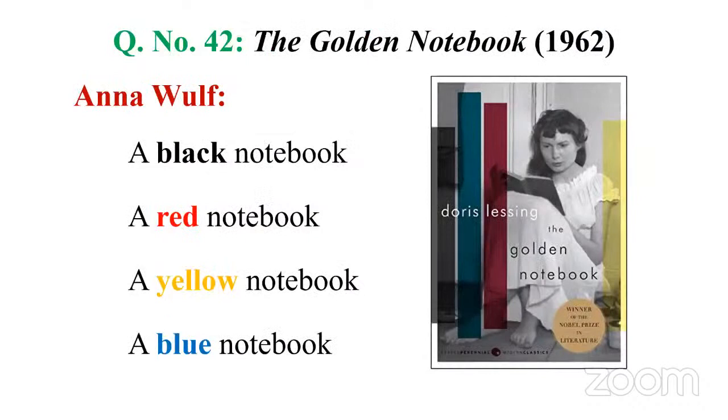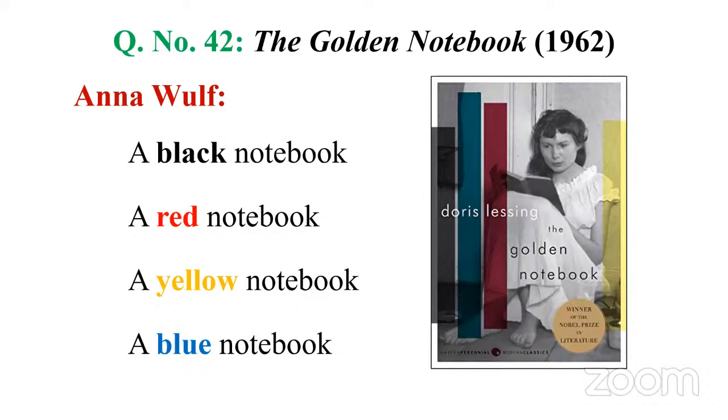So question number 42. This is an often quoted work, The Golden Notebook, the novel by Doris Lessing. In this work, we have an author called Anna Wulf, a character who is a writer but suffers from writer's block.